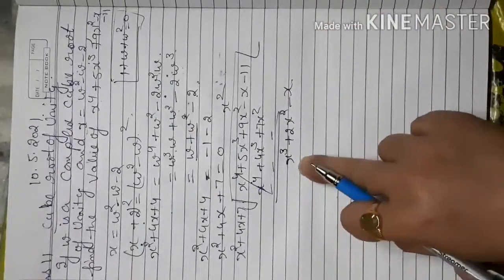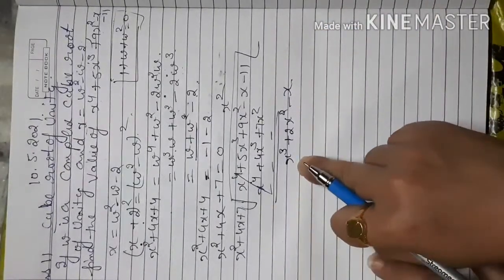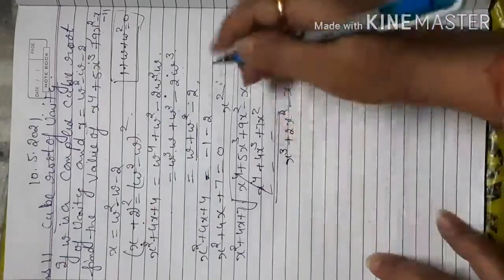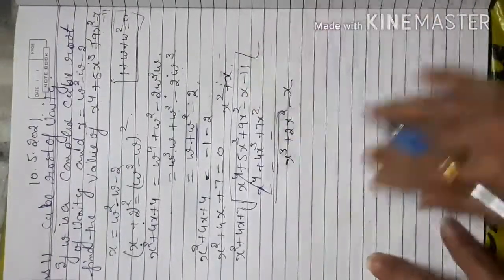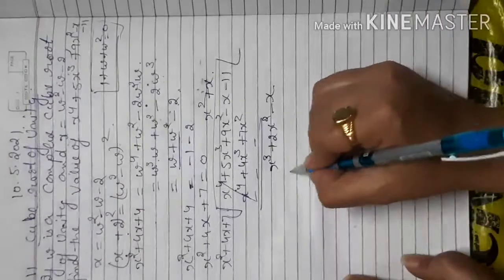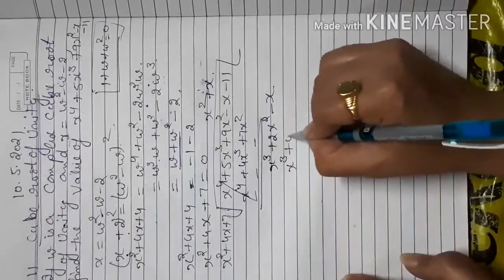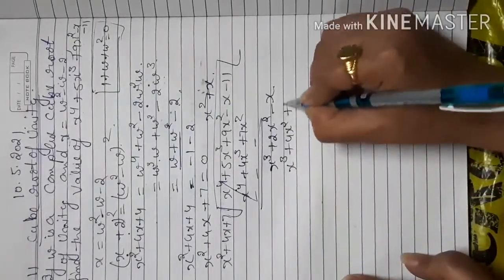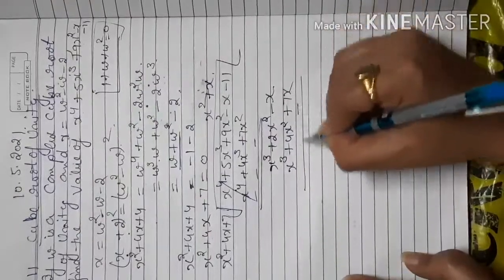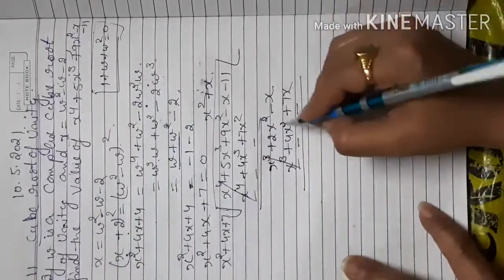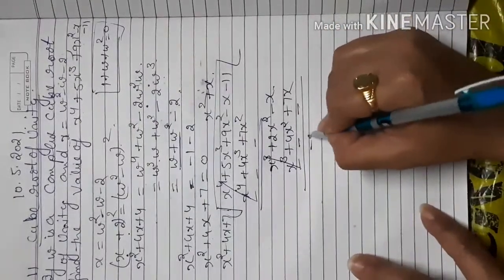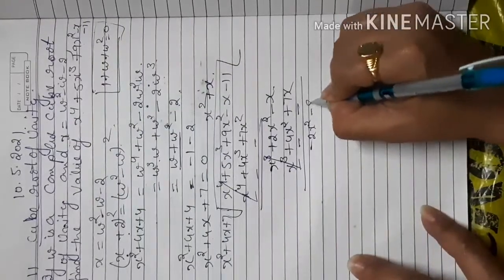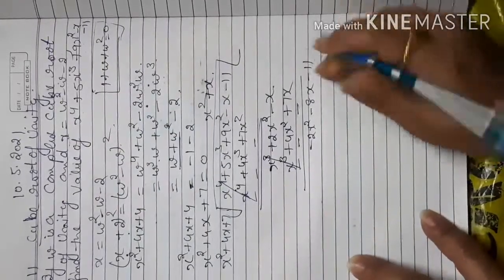Now the next target is to remove x^3, so I multiply with x, plus x. That gives me x^3 + 4x^2 + 7x. If I subtract this, 2 minus 4 gives me minus 2x^2, then minus 8x, then minus 11.